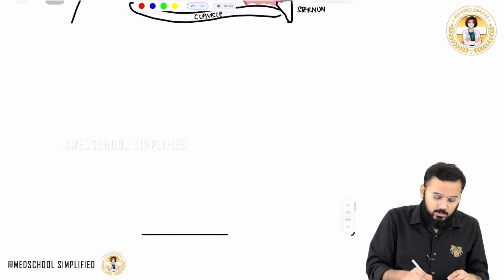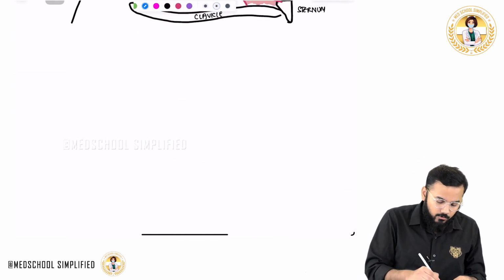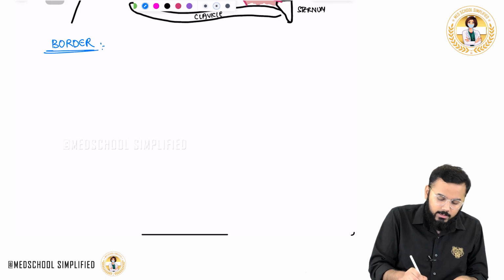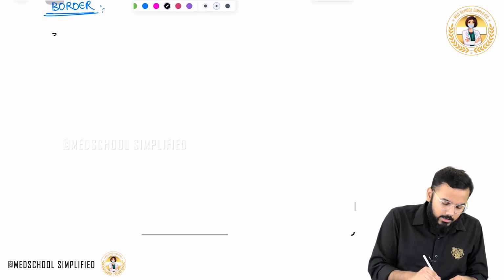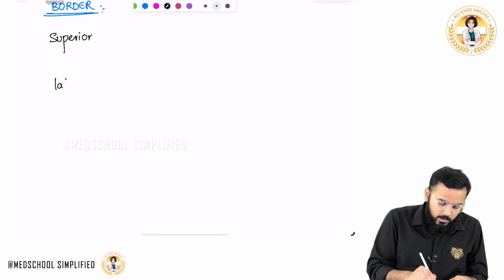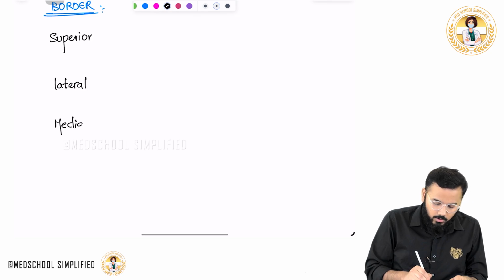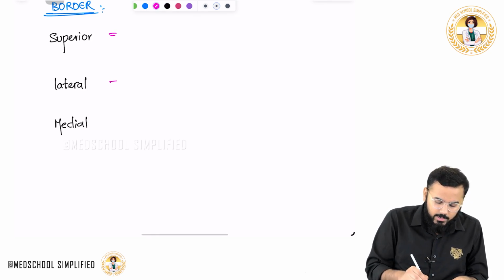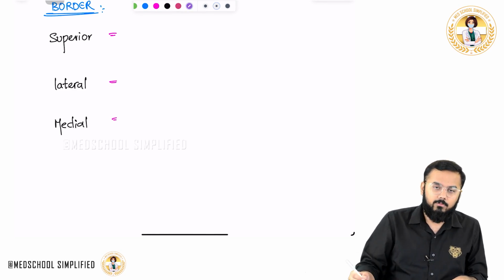Okay, so let me write down these things. What are the borders of the anterior triangle? We have a superior border, we have a lateral border, we have a medial border. Now superiorly what do you have, laterally what do you have, and medially what do you have?